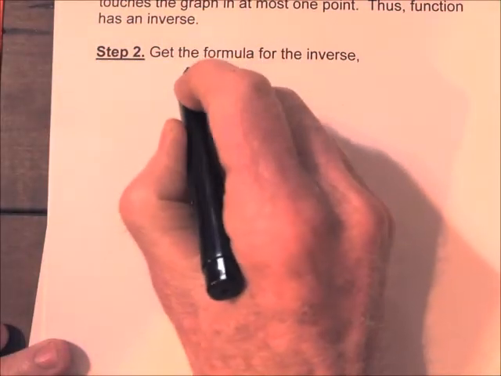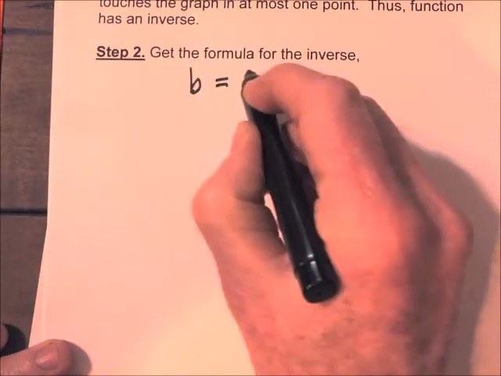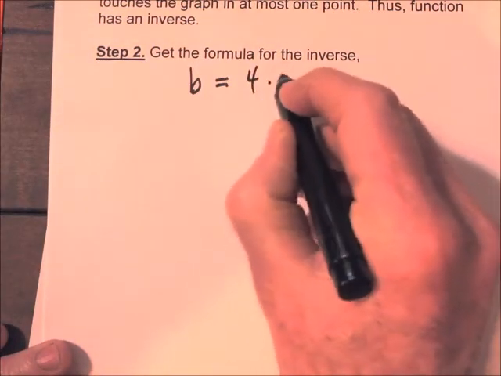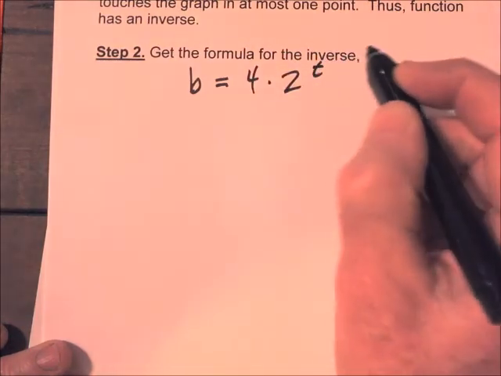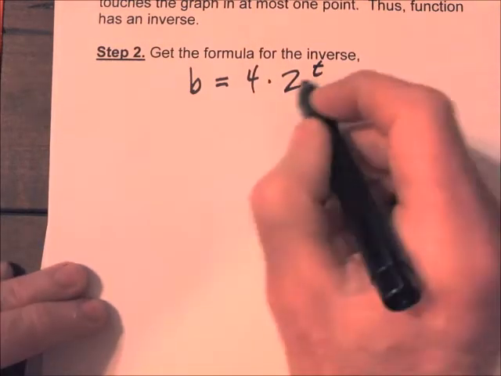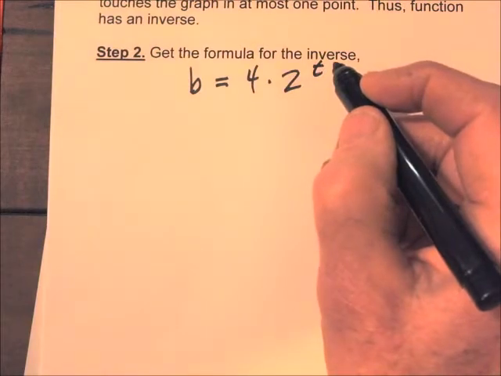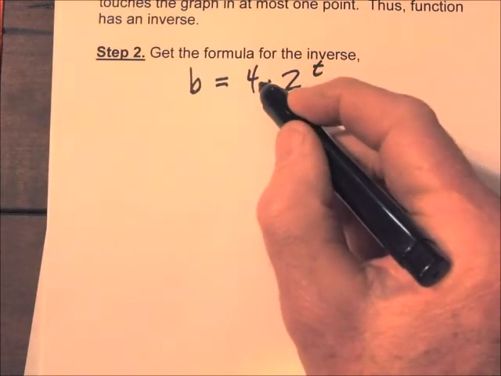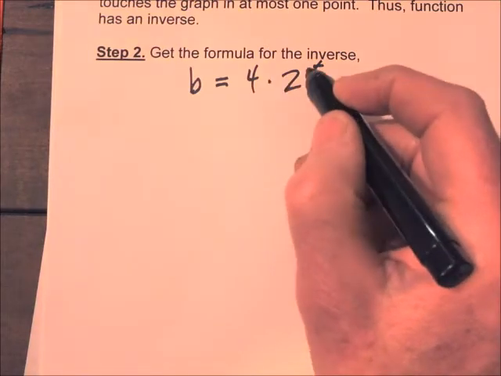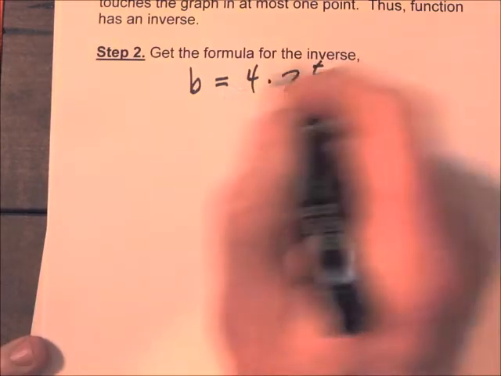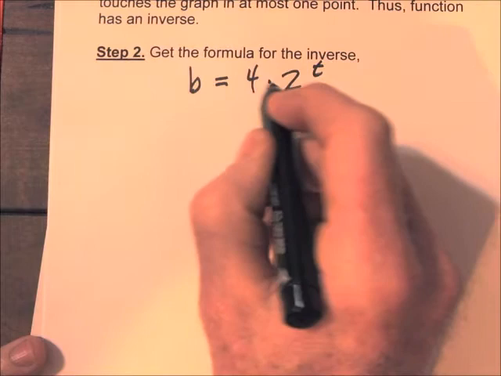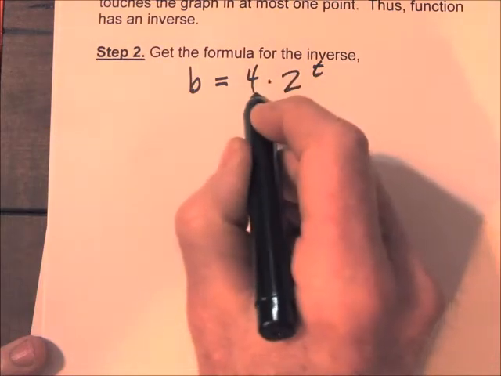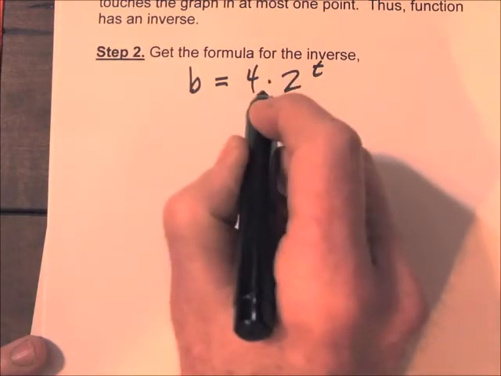To get the formula for the inverse, we first start with the formula for the original function, b equals 4 times 2 to the t power, and solve this for t. So we want to isolate the t. We want to do the operations in reverse order. Normally, the order of operations is exponents before multiplication, but when we're solving an equation, we want to reverse that. Work with the multiplication before you work with the exponents.